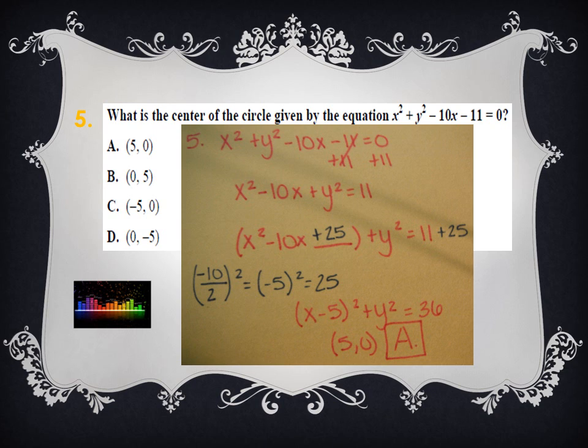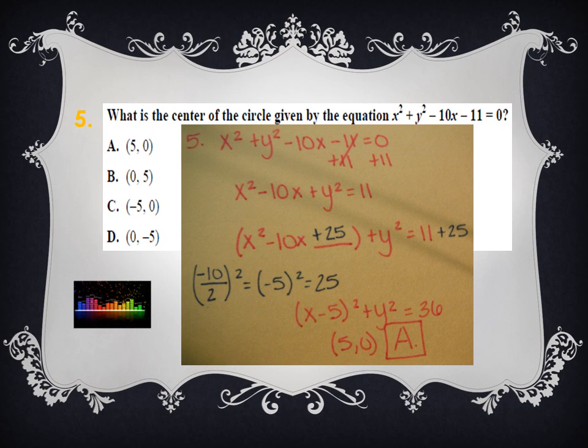You have a for the first term, b for the second term, and c for the term that you're about to get. You take b, which is negative 10, divided by 2, and square it to get 25. You add 25 to both sides to keep both sides of the equation equal. Then you take the variable of the first term, the sign of the second term, and the square root of the third term.